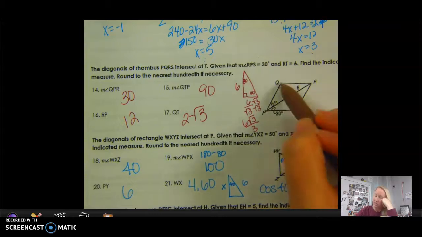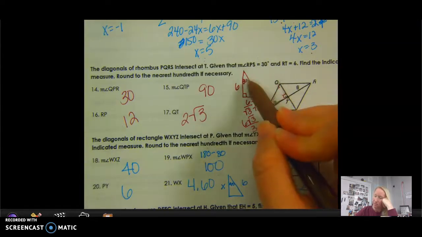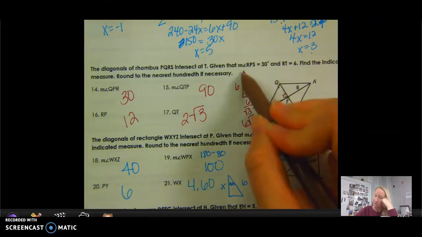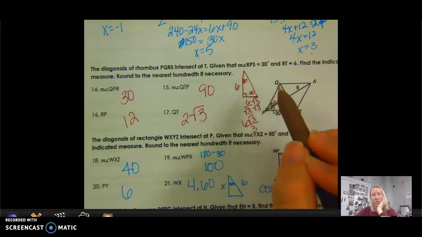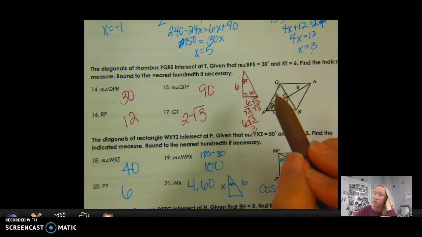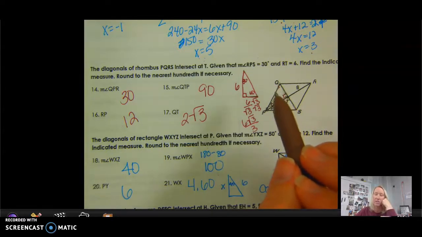And then Q to T, guys, I had to take this triangle out, label that this is a 30-degree angle. We know that this is 6 right here, and I'm actually finding my short side. But this is a 30, 60, 90 triangle, so your information from Unit 7 you're needing in this unit for SOHCAHTOA, and also for 30, 60, 90, and 45, 45, 90 triangles.